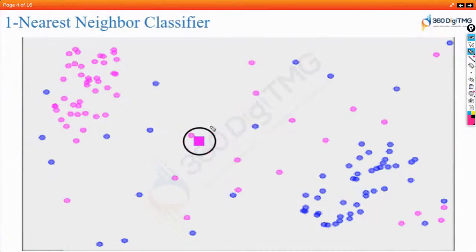I'm trying to see to whom this new patient is closely resembling with respect to these 2 parameters. Distance is what we measure here.